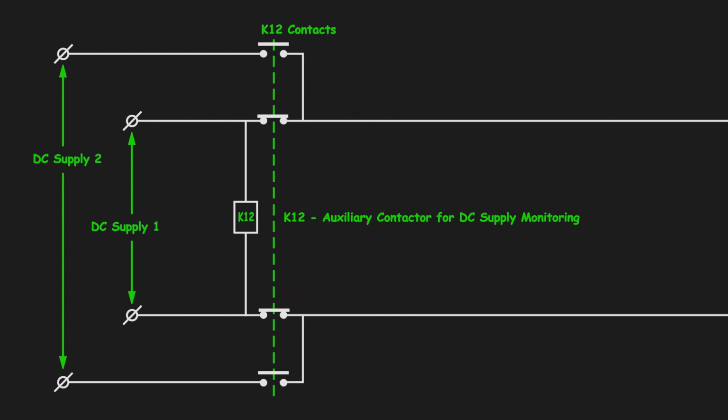As a result, DC supply 2 will no longer be available to the circuit, provided the main DC supply 1 is in normal condition. But whenever the main DC supply fails, the supply will automatically change over to DC supply 2 through the function of these normally open and normally closed contacts. Hope you got the idea.